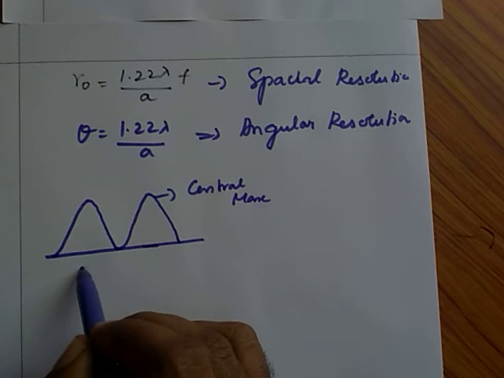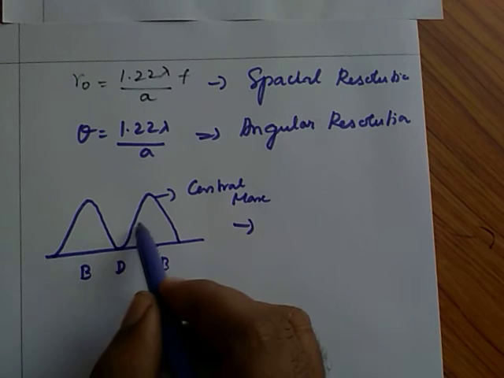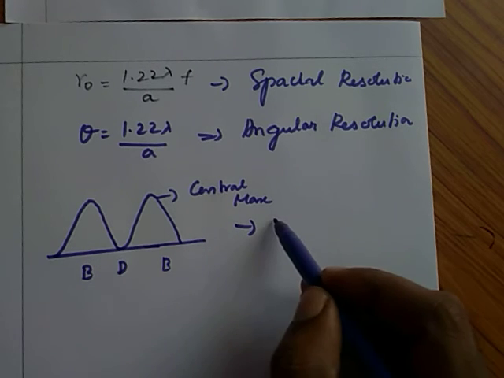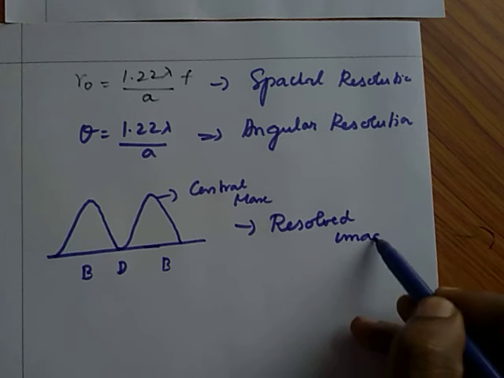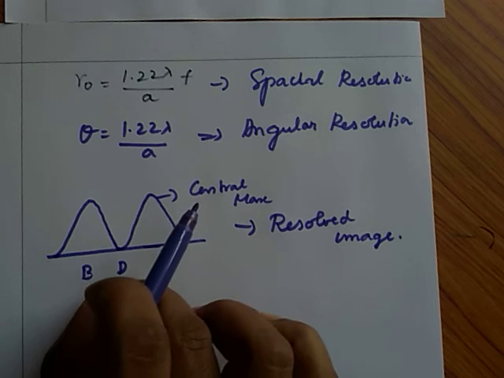This one is bright, this one also bright, and here it is dark. We can say these two are separated images, so it is a resolved image. We can differentiate the two images because there is a dark band.